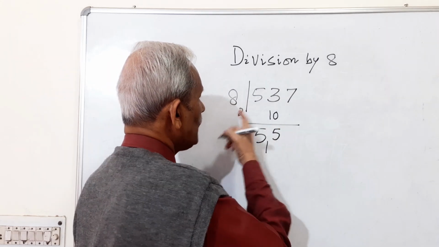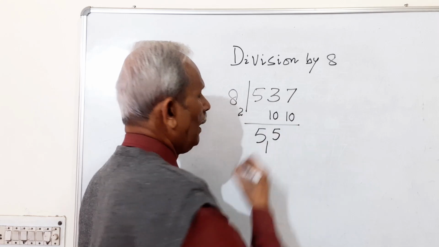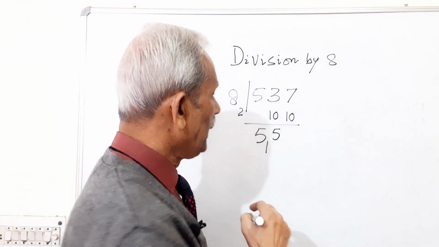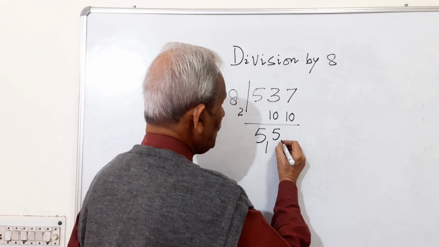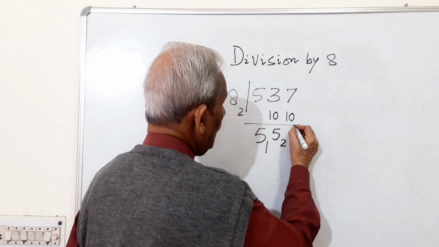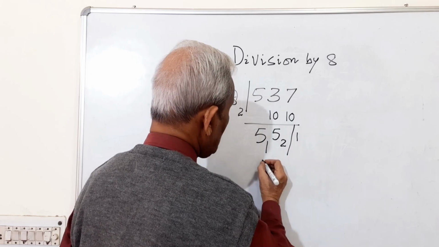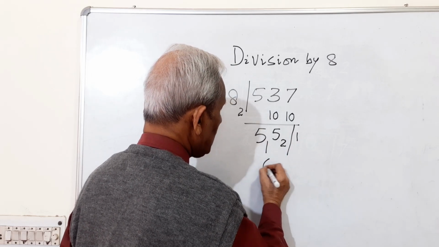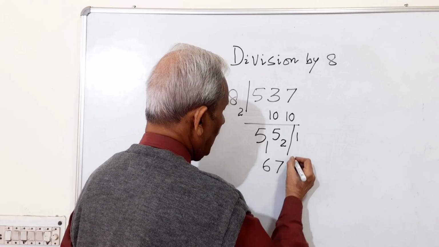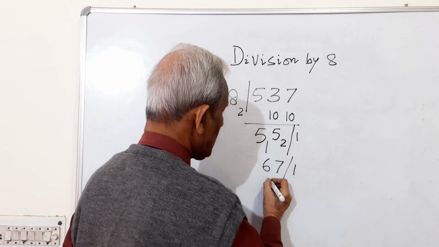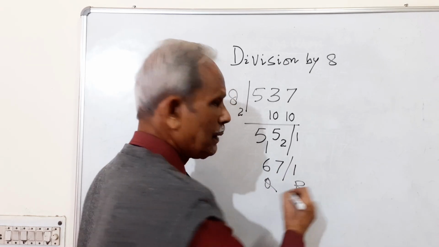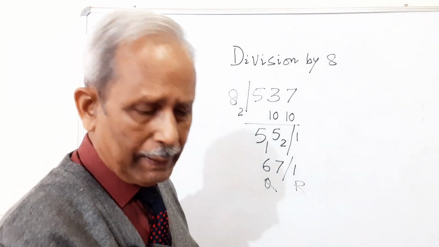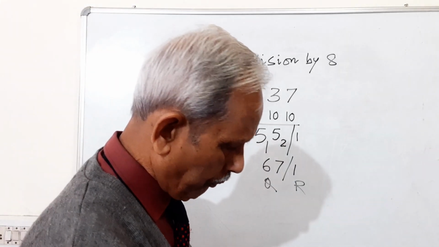Then 5 into 2 is 10. Write down 10 here. 10 plus 7 is 17. 8 goes 2 times into it, 8 twos are 16. What's remaining? 1. So the answer is 5 plus 1, 6. 5 plus 2 is 7. 67 is the quotient and 1 is the remainder. I think you understood it by now.